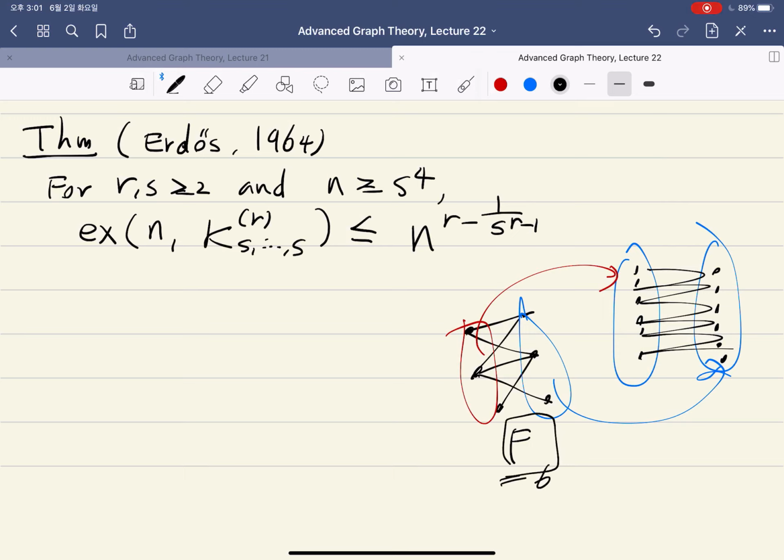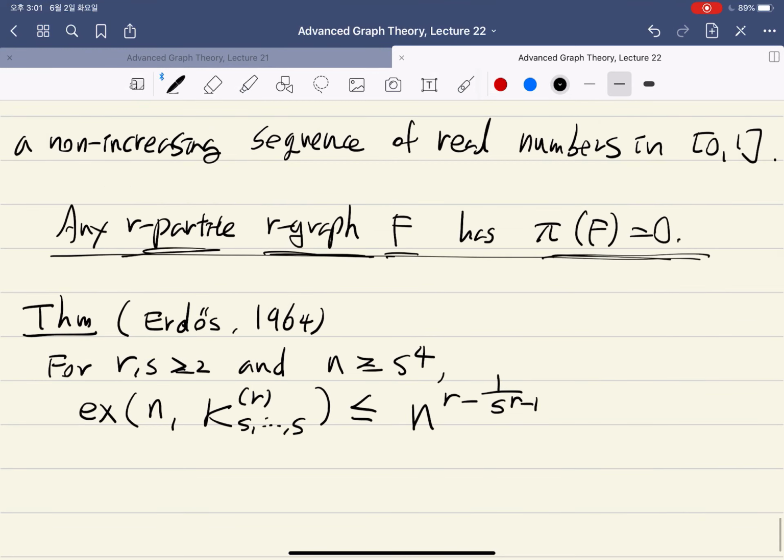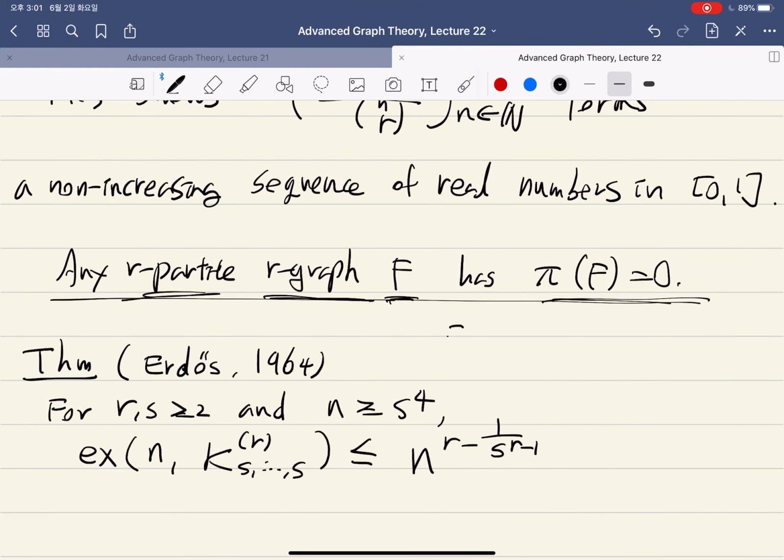Then F is always a subgraph of a complete bipartite graph with a certain number of vertices on each side. In the same way, F is always a subgraph of the R-uniform complete R-partite hypergraph with each part of size S, for some S.